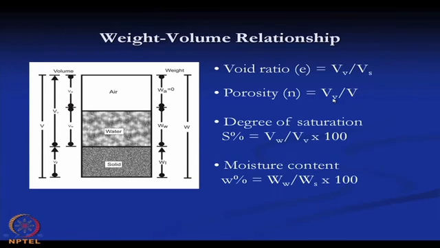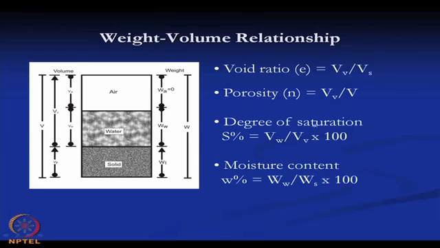So, E value can be greater than 1, but porosity, if we look at the definition, is volume of void divided by total volume. So, the volume of void cannot be greater than the total volume. So, the porosity cannot be greater than 1.